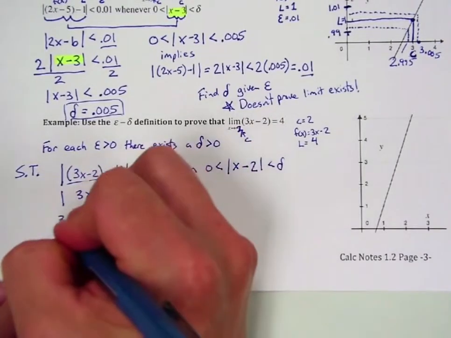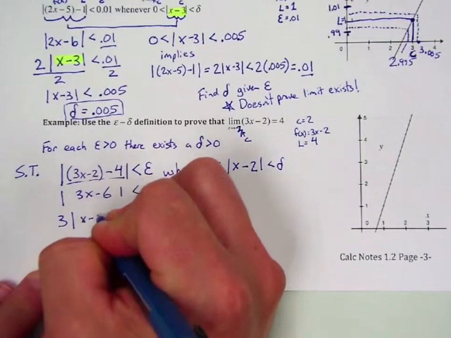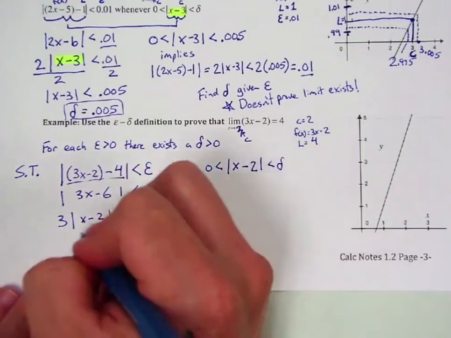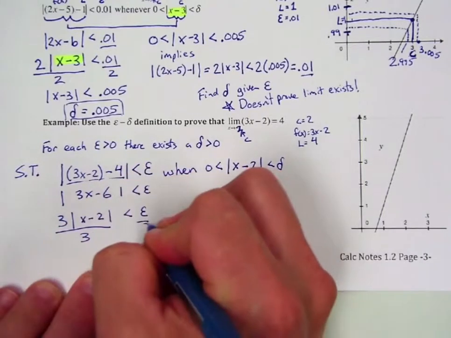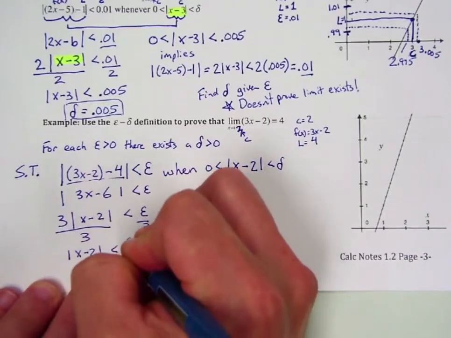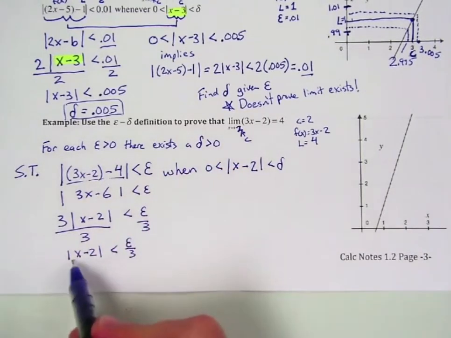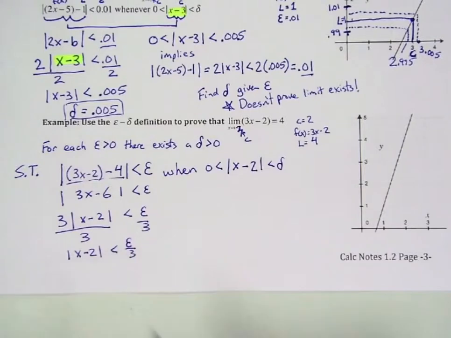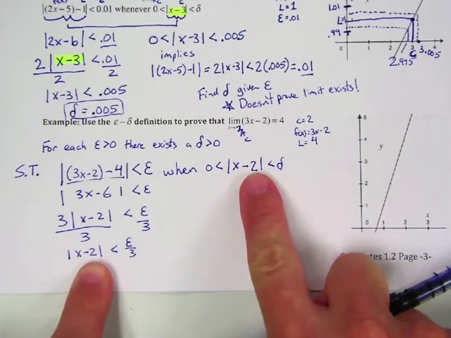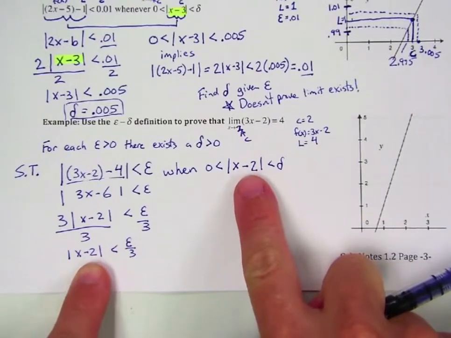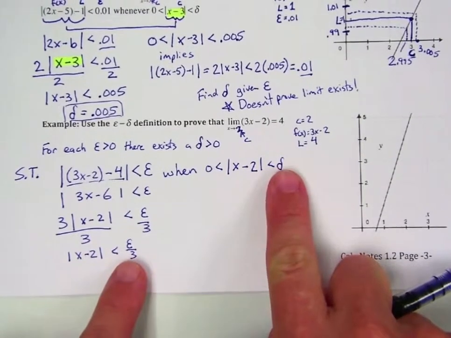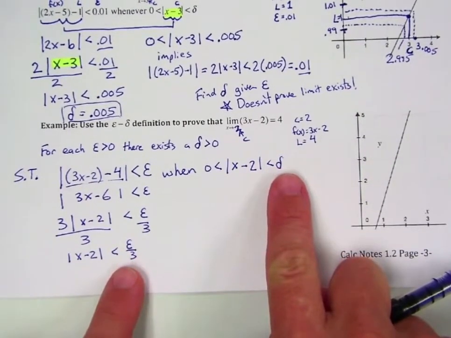We can factor out the 3, and then divide the 3 to the other side. So we get the absolute value of x minus 2 is less than epsilon over 3. Now again, because these two things match, we can say that x minus 2 is less than delta, and so we can equate delta equals epsilon over 3.